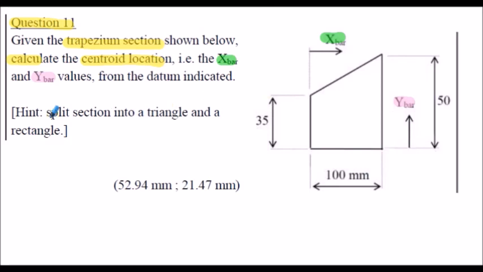We're given a hint in the question to split the section into a triangle and a rectangle. If you think you can attempt the question without any further assistance, then please feel free to do so. The answer for the x bar and the y bar is shown in the brackets here, but I will outline the full solution on the following slides.